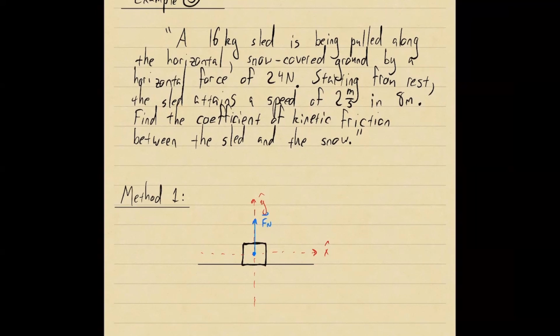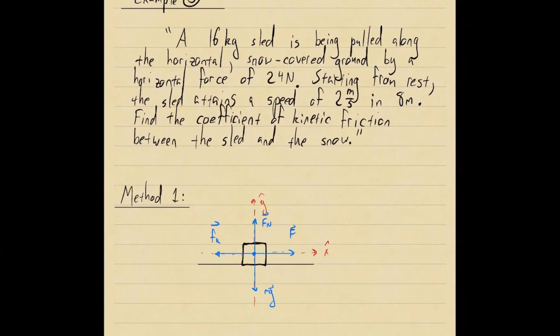There's the pulling force that's dragging the sled along to the right, call it F. There's the weight of the box that pulls straight down towards the center of the earth, mg. And last but not least, if the sled is going to the right, there's the friction force that is opposing that motion, right?